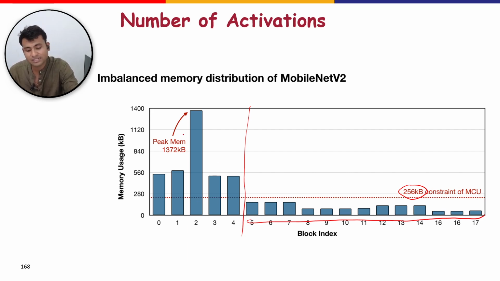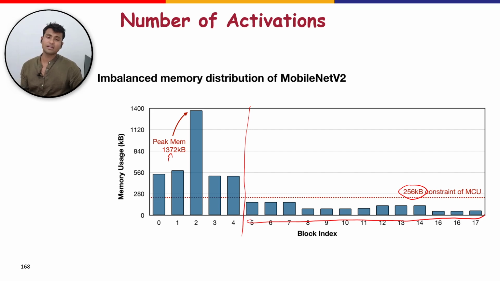But if a certain layer is getting a lot of activations coming in, it has to store that in a flash memory, but it cannot because it's constrained by 256 kb of flash memory. So it cannot be trained on it. The whole thing will break down, the computation will not be possible unless you break that particular layer down. But breaking a single layer into computations of different layers is another complexity in itself.